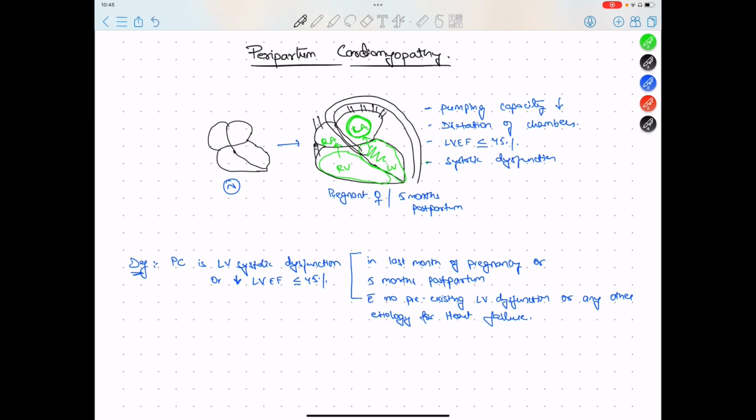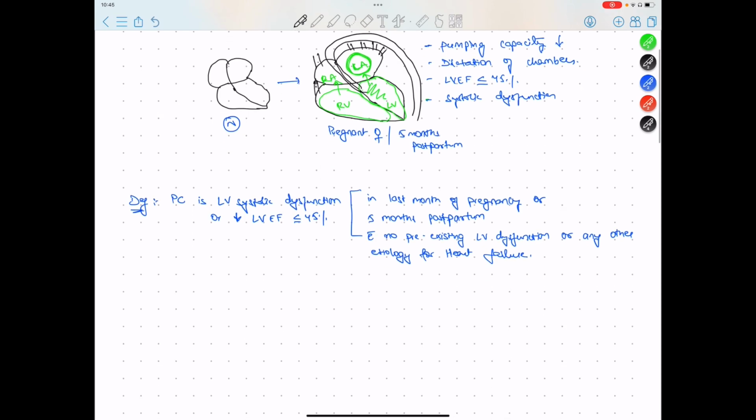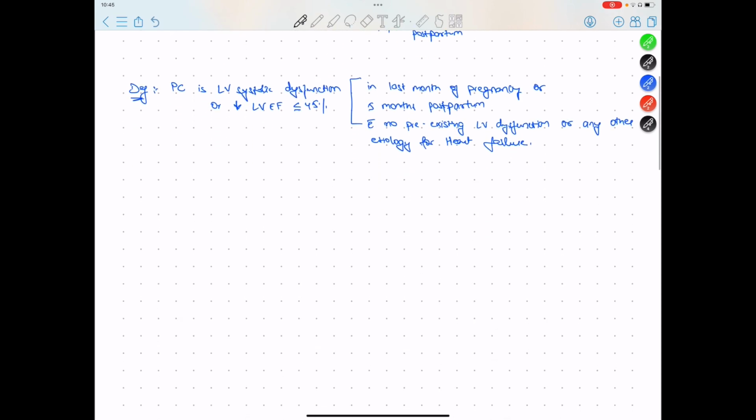Now coming to the etiology of peripartum cardiomyopathy. The etiology is likely multifactorial, and all the things below may contribute to peripartum cardiomyopathy.